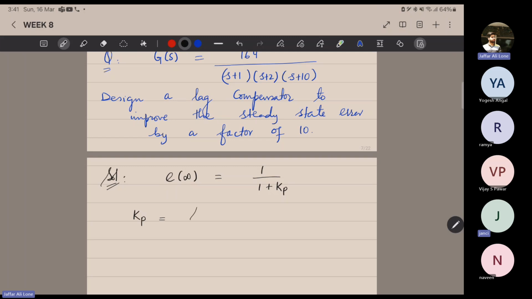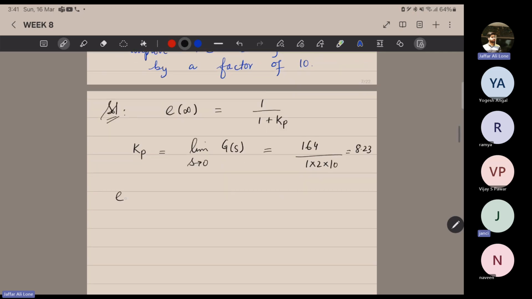Kp will be the limit as s tends to 0 of G(s), right? This will be 164 divided by 1 into 2 into 10, which is 8.23. So my Kp comes out to be 8.23.